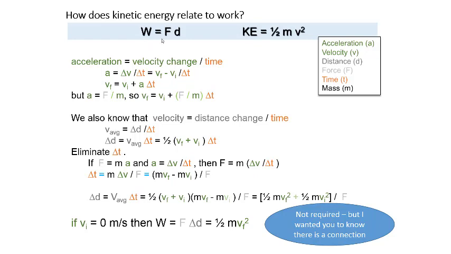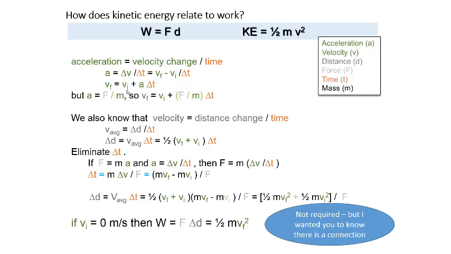Recall that work is equal to force times the distance, which is also our equation for potential energy. And we talked about kinetic energy as being the energy of motion, so velocity was involved through this equation, 1/2 mass times the velocity squared. Let's break it down. Acceleration is equal to the velocity change over time. We defined that pretty early on in this class. And that means a equals v final minus v initial over a change in time.